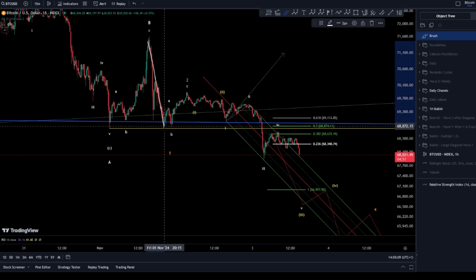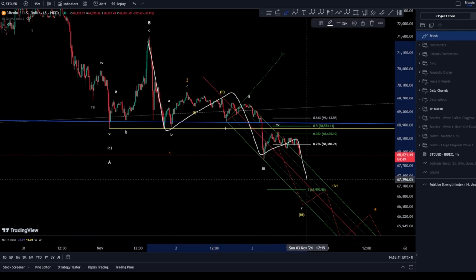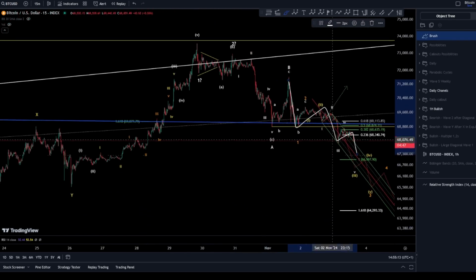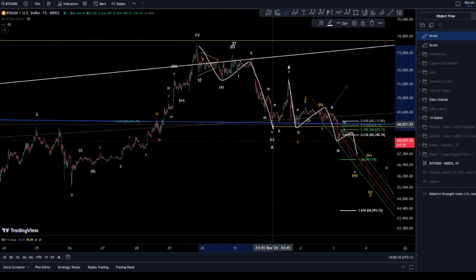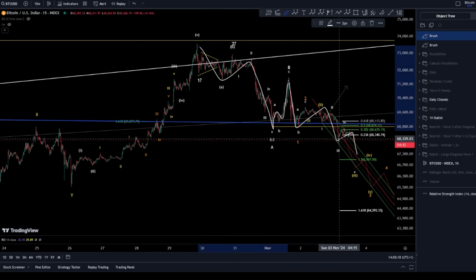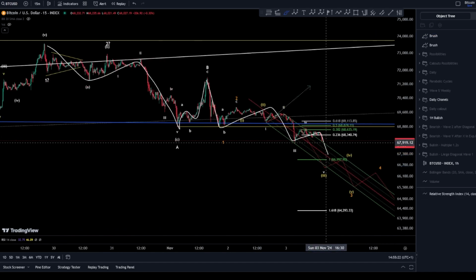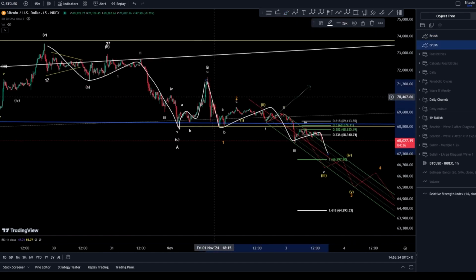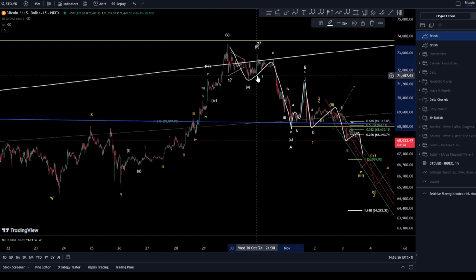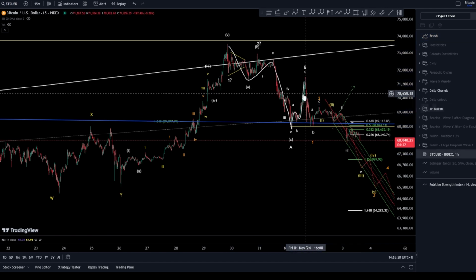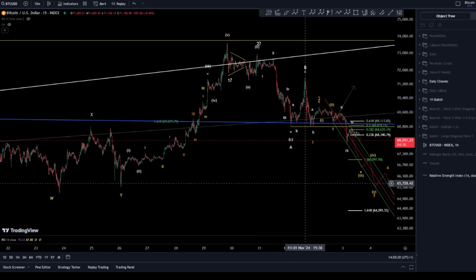Because you have finished 1, 2, 3, 4, 5, and by all means you have finished 3 waves down, 3 waves up, 1, 2, 3, 4, 5, very, very close to 67,000, to finish, of course, a zigzag, a correction, whatever it is, 3 waves towards the downside.